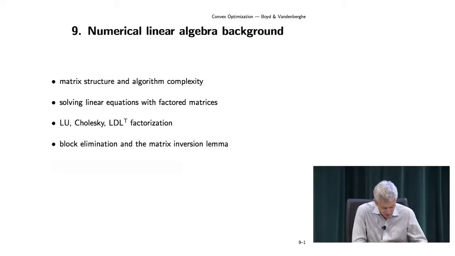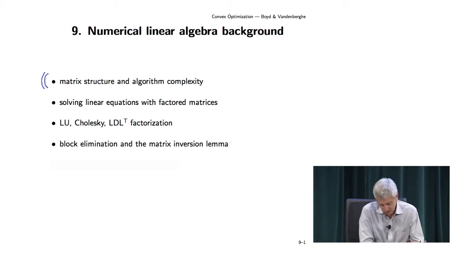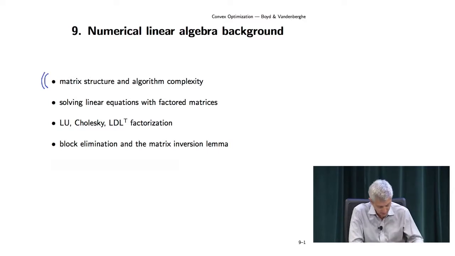Okay, so we'll first start by talking about matrix structure and algorithm complexity. Matrix structure: some things are obvious, like diagonal matrices, identity matrices, sparse matrices. We'll talk about that. Then we'll talk about the dominant method used to solve linear equations, and that's using factored matrices.